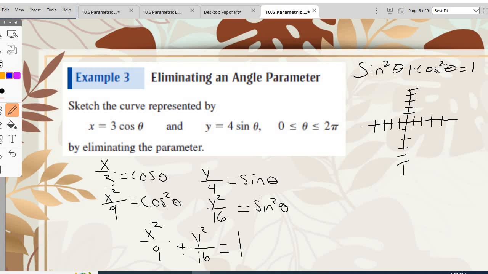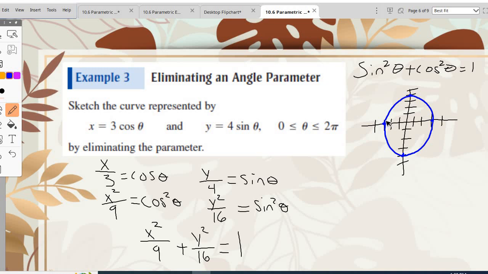Y. Correct. So remember, I'm going to go up and down 4, left and right 3, and then just connect everything together. Something like that. That will be what our graph looks like.